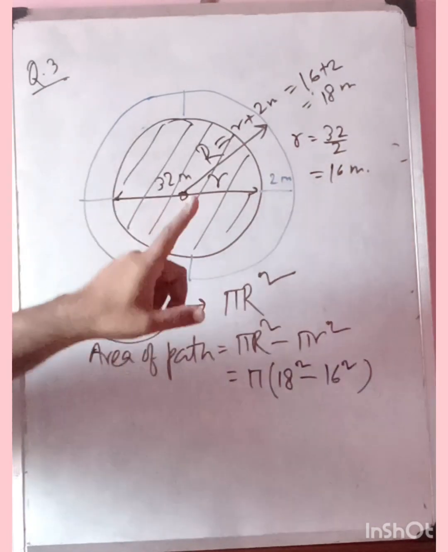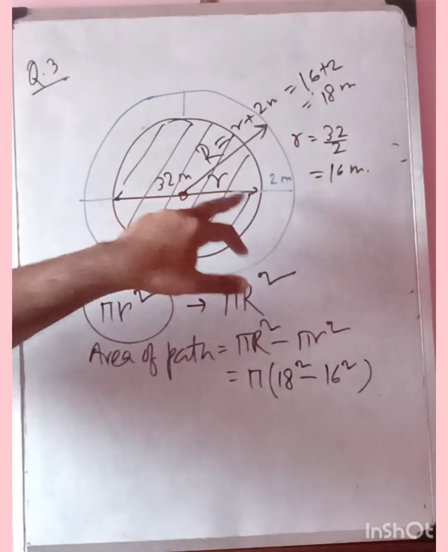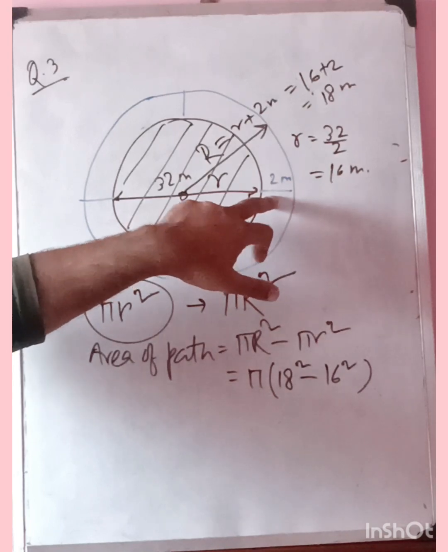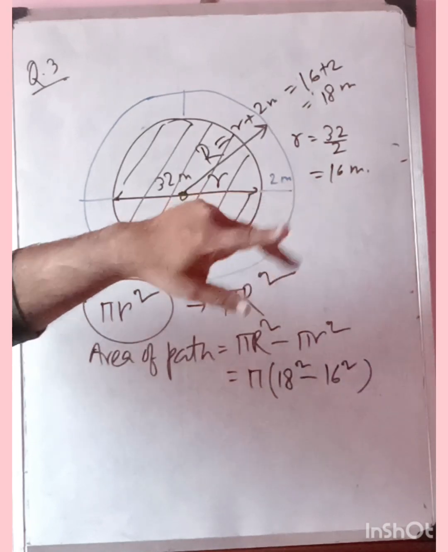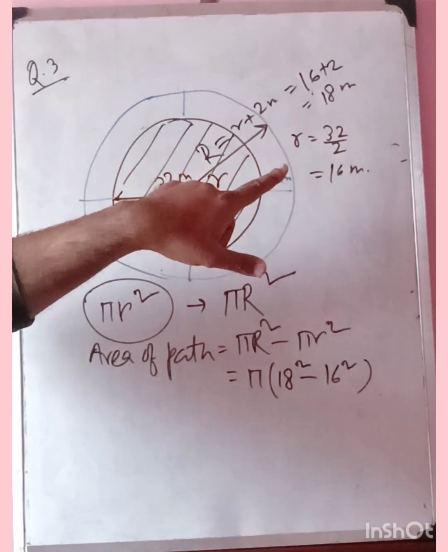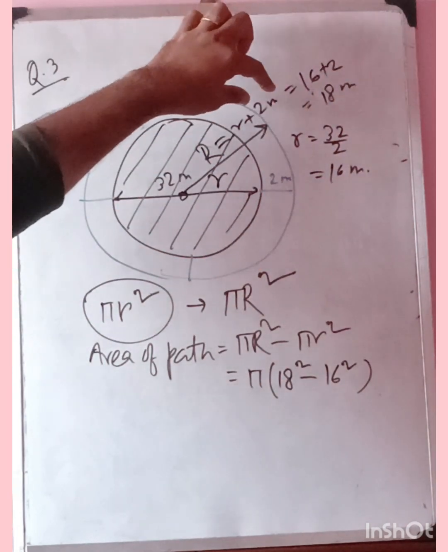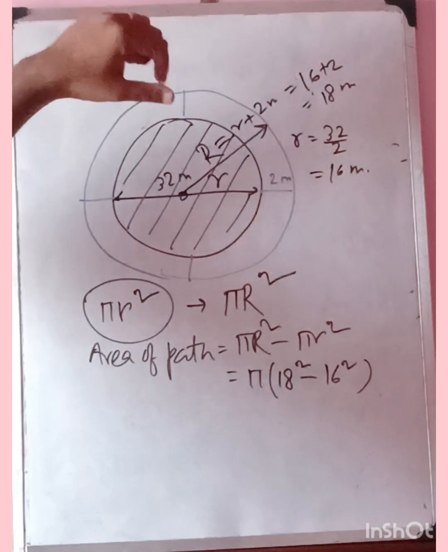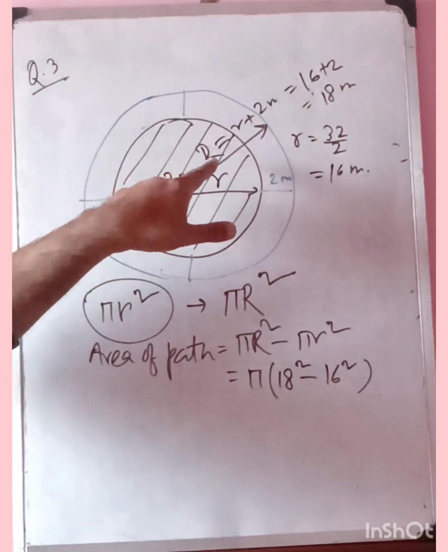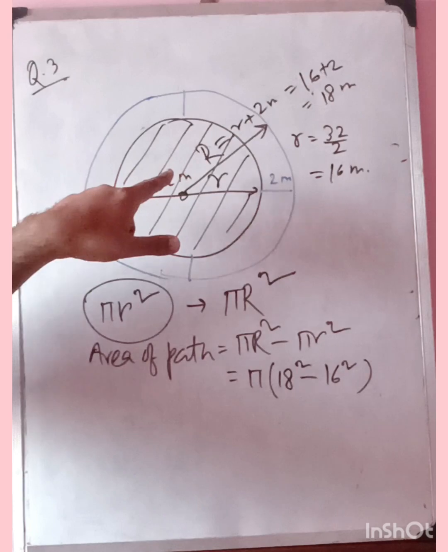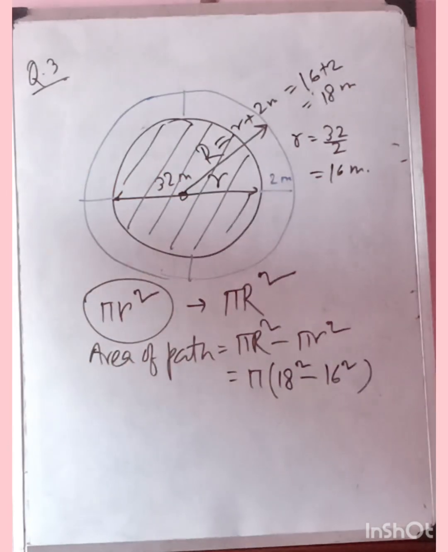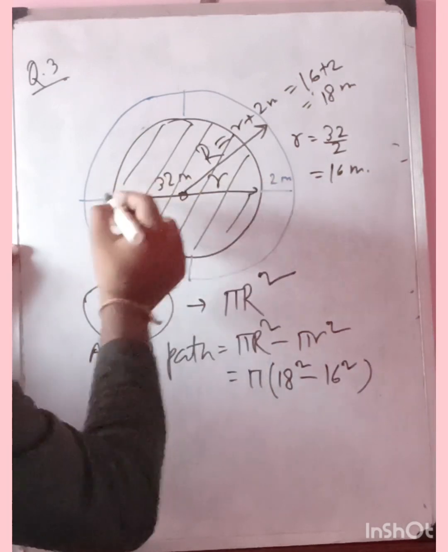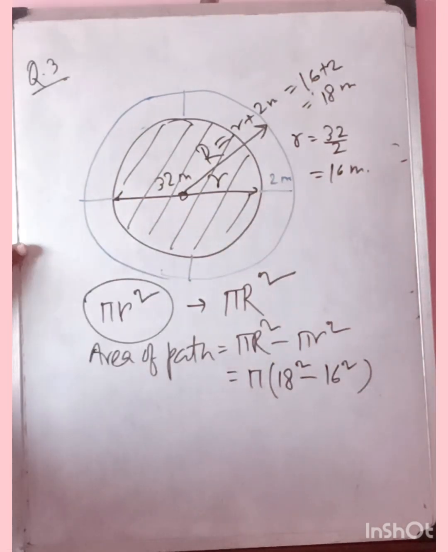Similar problems you can get in your exam. So be very careful that you add the thickness of the road or anything else given, as in question number 5 also, the parapet. Add the thickness of the road or the parapet with the radius, not with the diameter. If you consider the diameter, then you have to add twice the width.